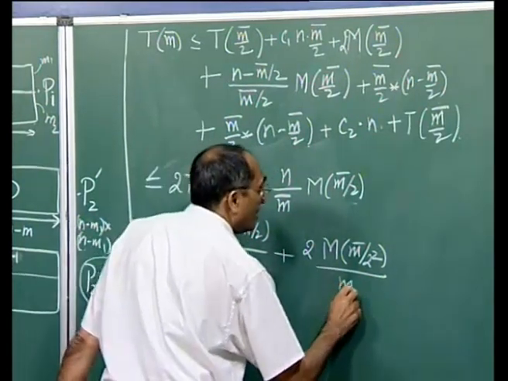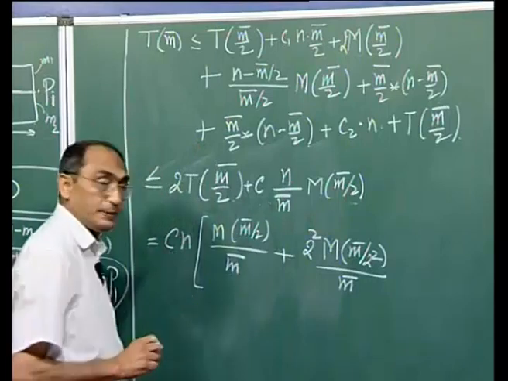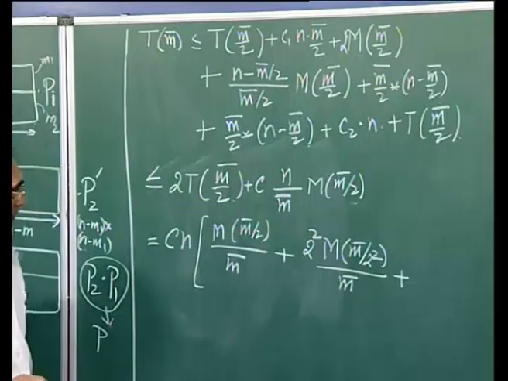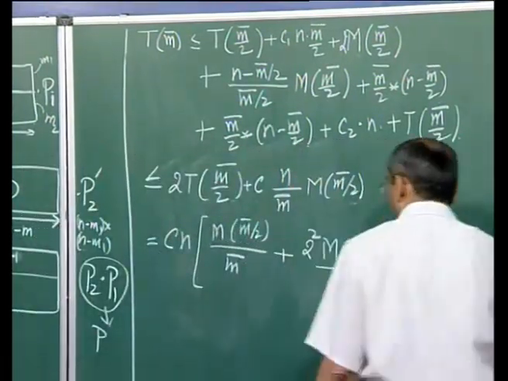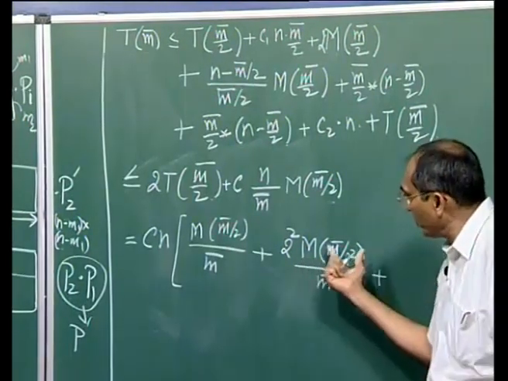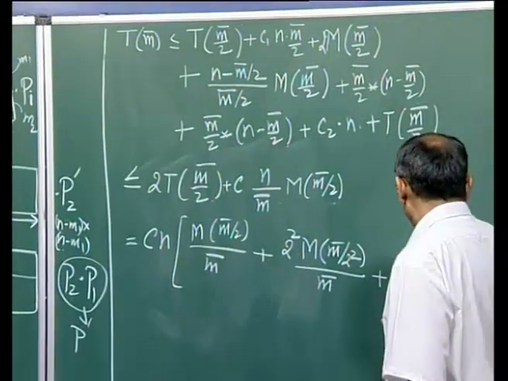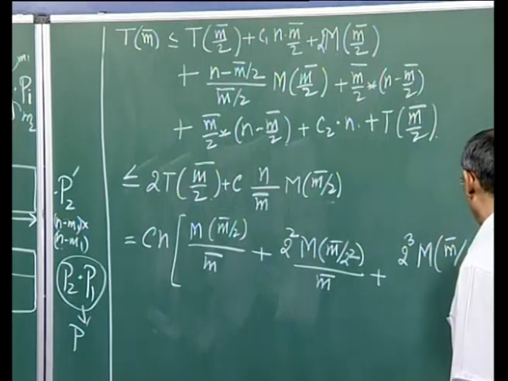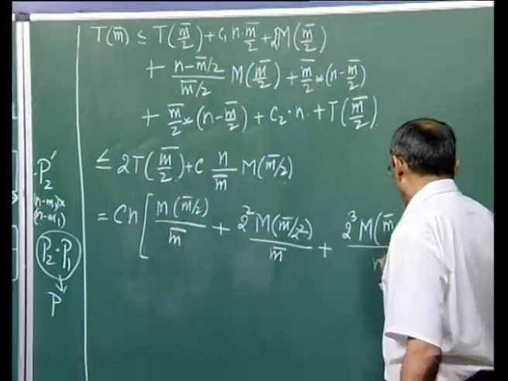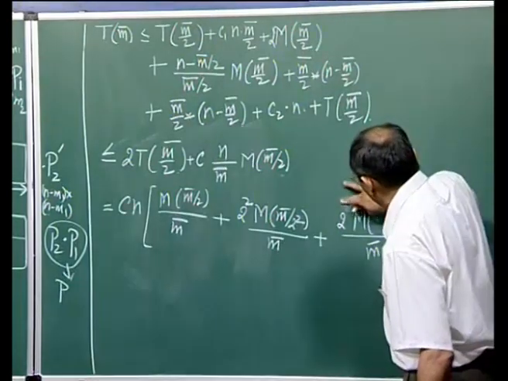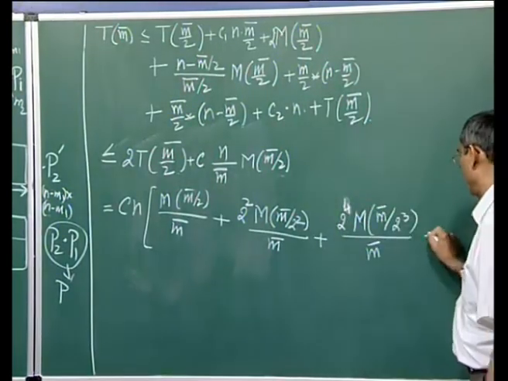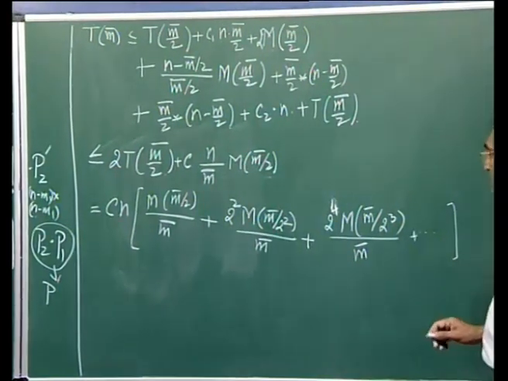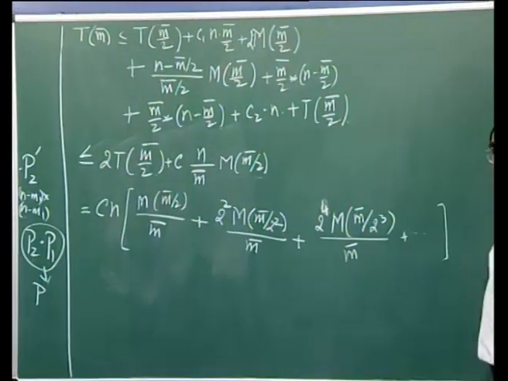This will be m bar by 2, which will be 2 square here. One more term maybe. This will be 2 of this. So we have a 2 cube here, m bar by 2 cube over m bar by 2. So that makes it 4. This is the expansion of this recurrence relation.